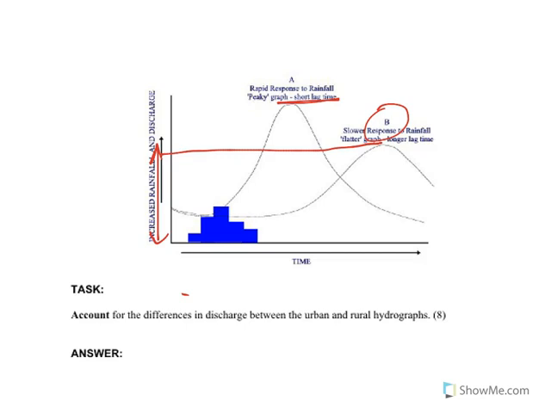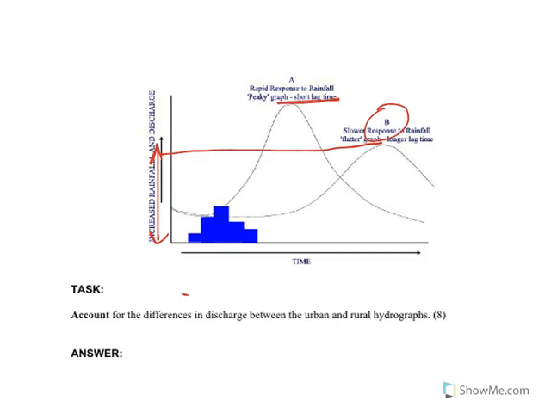Also in the countryside though, you've got lots of exposed grass fields and crops growing, and therefore the water's falling on that. It's being absorbed by the soils, it's being infiltrated into soils and stored in the soils, it's percolating into the rocks and it's getting stored in the rocks, and it's therefore taking a lot longer to transfer into the main river. You might have a lot of other natural stores in a rural area.